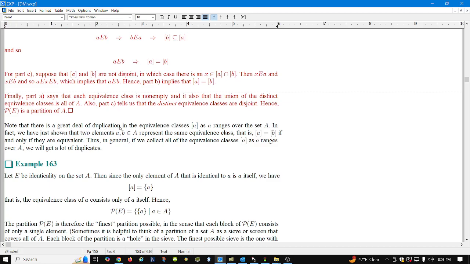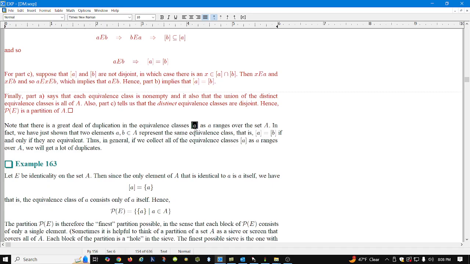It might help to cut down on some of the confusion here to keep in mind that there's a lot of duplication in the writing of equivalence classes. If I let little a range over the entire underlying set, and I write down all of these equivalence classes generated by all the elements of the underlying set, I'm going to be writing down the same equivalence class lots of times in general, because every element of this equivalence class generates this equivalence class.